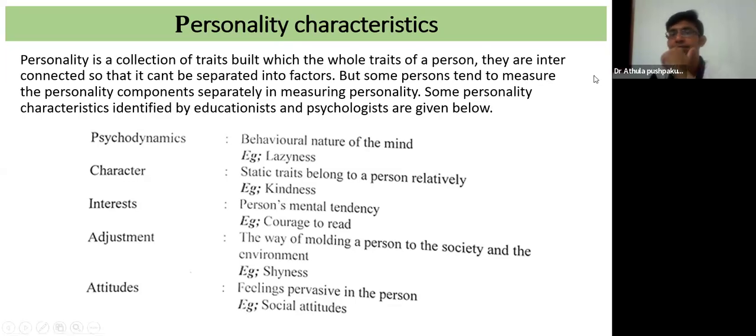Personality characters. That means features, no? Characteristics. Personality is a collection of traits, built from the whole trait of a person.